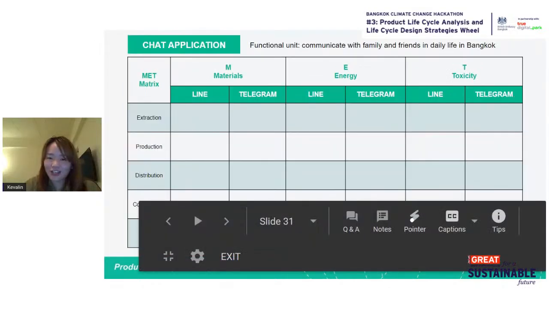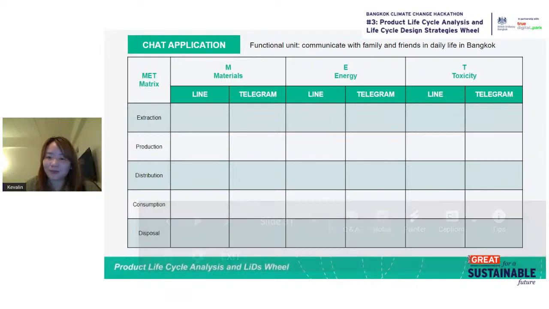and actually you don't have to stick with just the physical product. You can actually compare the chat application, which has functional unit as to communicate with the family and friends in daily life in Bangkok. You can use this matrix to compare maybe Line chat application to WhatsApp or to Telegram.